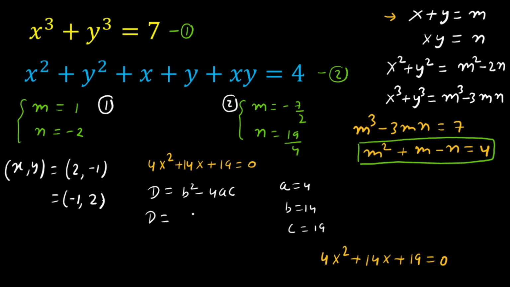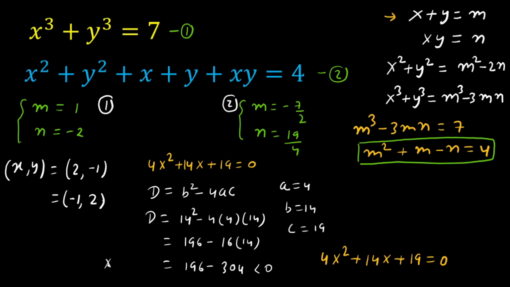D is equal to b replaced by 14 square minus 4, the value of a is 4 and the value of c is 19. Then 14 square is 196 minus 4 times 4, which is 16, times 19. Then 196 minus 16 multiplied by 19, you will get minus 108, and this number is negative. So that's why x does not belong to real numbers.